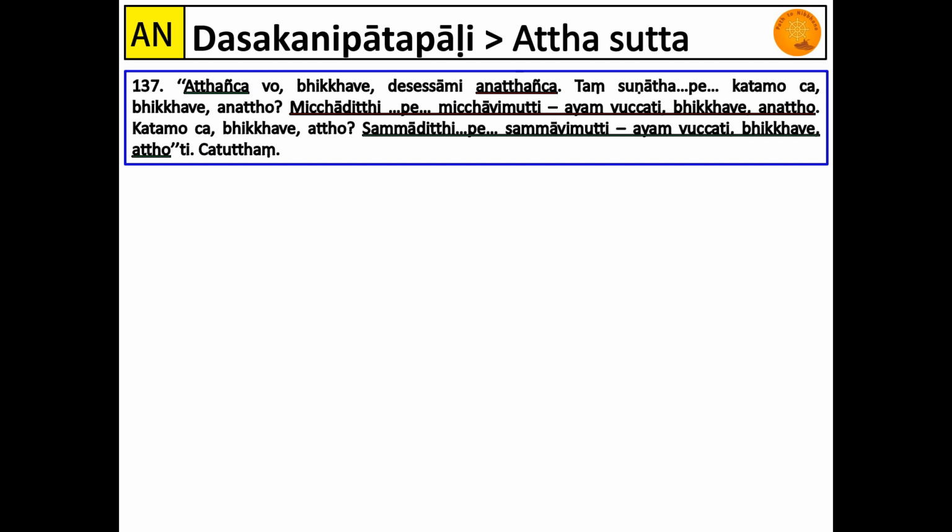Katamo ca bhikkhave anatta? What is anatta? So what is not valuable? What is not important? What is anatta or what is asara? Miccha ditthi, miccha sankappa, miccha vaca, miccha ajiva, miccha vayama, miccha sati, and so on and so forth. It goes up to miccha vimutti. Ayam vuccati bhikkhave anatta. So those are what are not important, or those are the anatta.